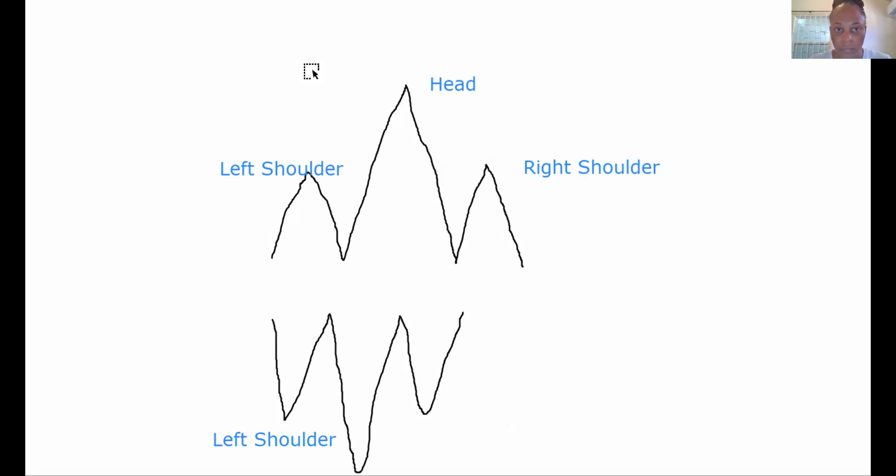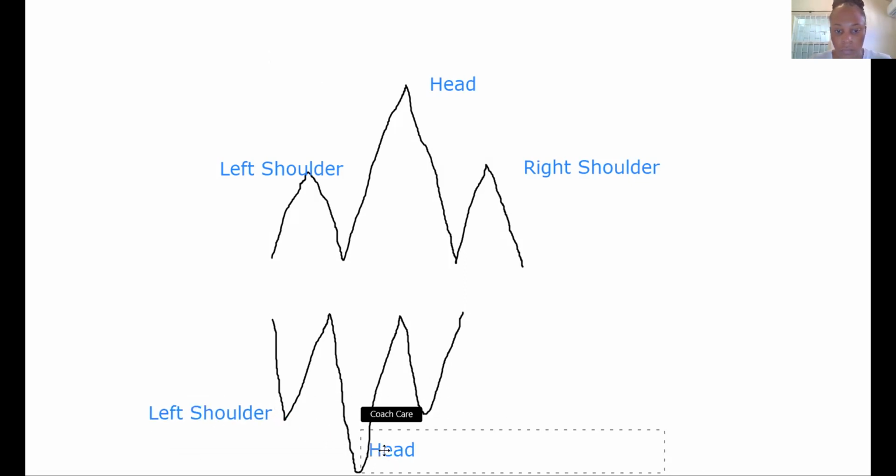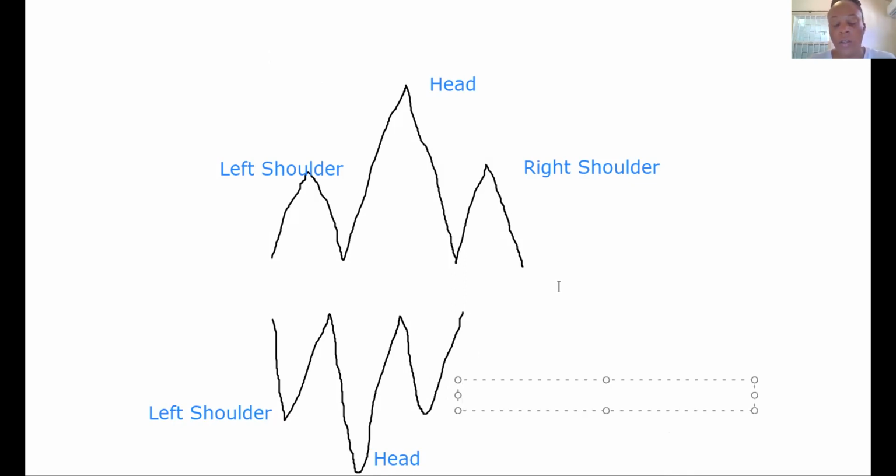Okay? And if you are in an uptrend, right, at the end of the uptrend, you will more likely have a regular head and shoulder pattern, right, before the trend changes into a downtrend.